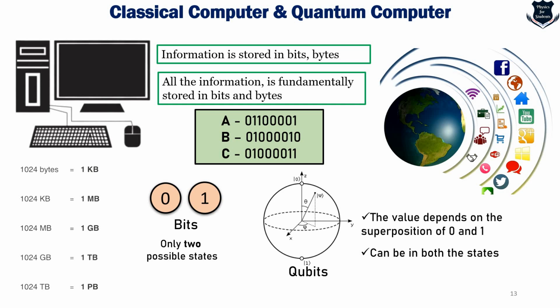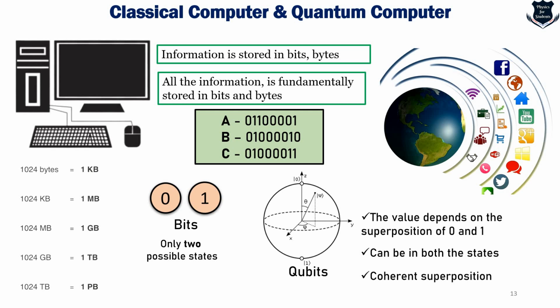So there is neither an AND nor an OR. This is basically what we call a coherent superposition. Coherent superposition in the sense that the value of a particular piece of data or information is stored in both the states, both 0 and 1, and then obviously the quantum computer behaves in a totally different fashion.